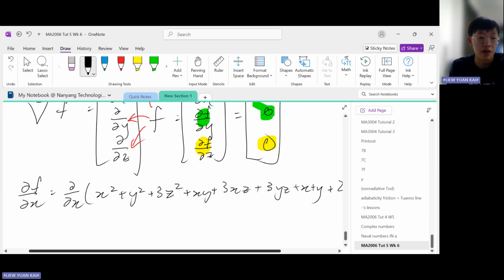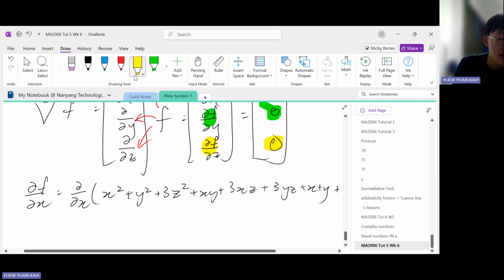Never mind, because these are partial derivatives. If I'm partially differentiating with respect to x, I treat the other variables as constants. Here, the other variables are y and z, so y and z are constants. Remember that the derivative of a constant is just 0.